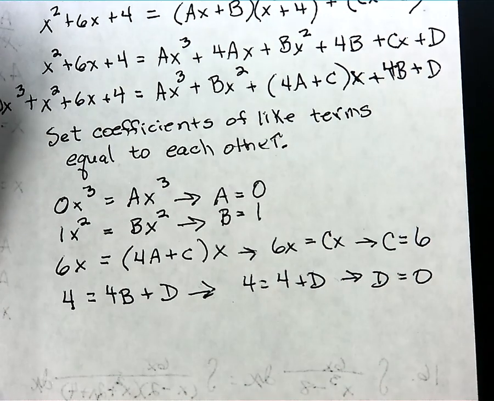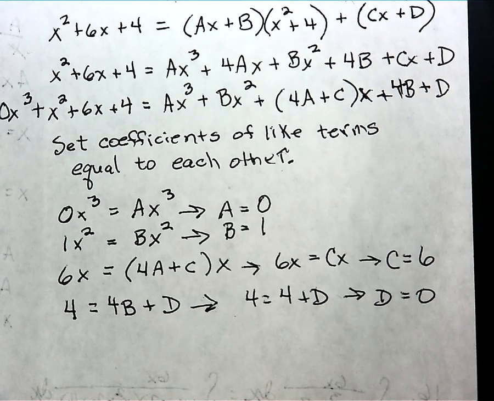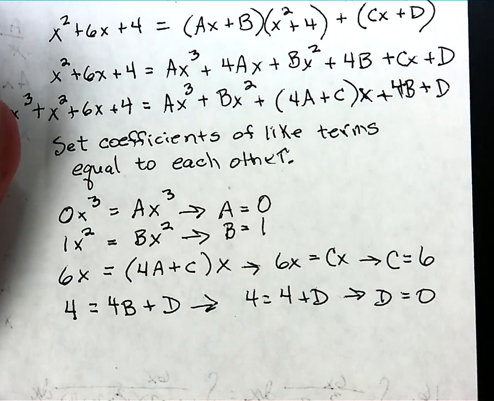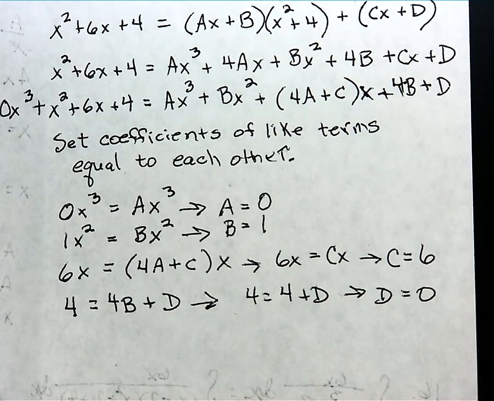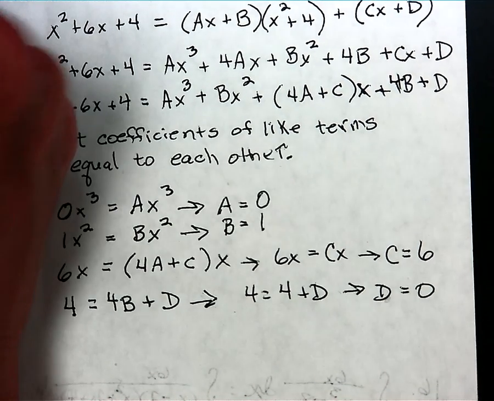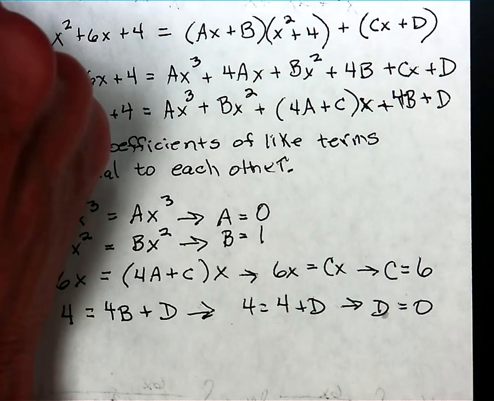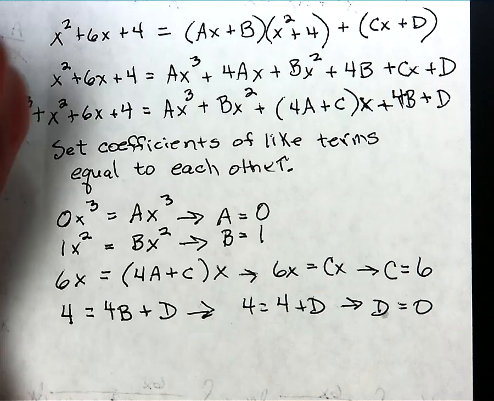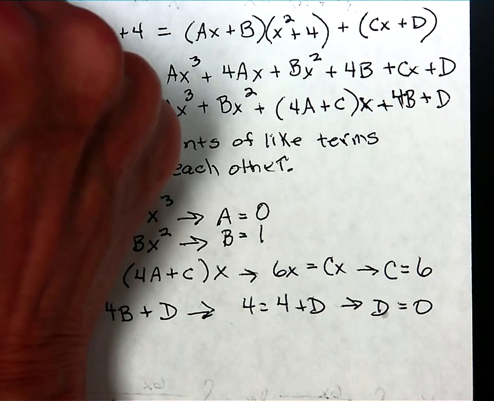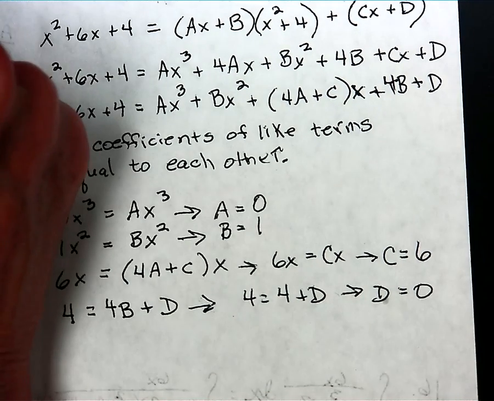What will that integrand become? 0x plus 1 will just be 1 over x squared plus 4, plus cx plus d would be just 6x over x squared plus 4 squared. Yes.